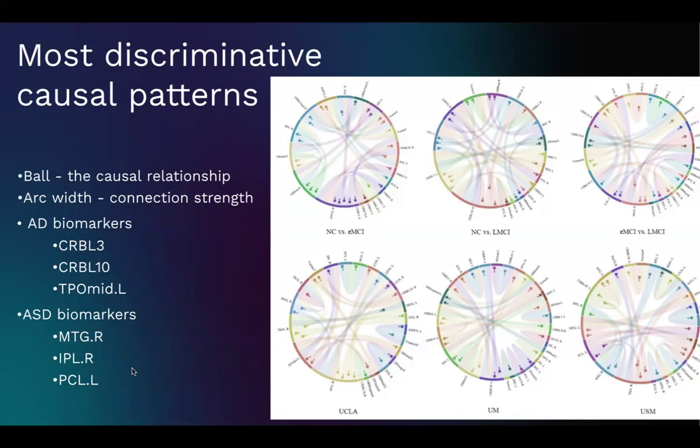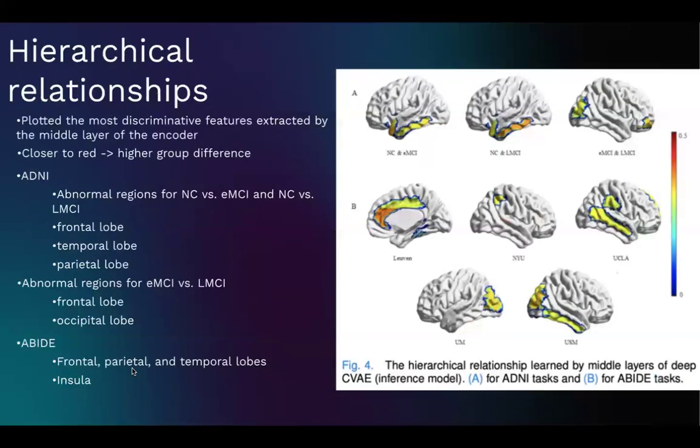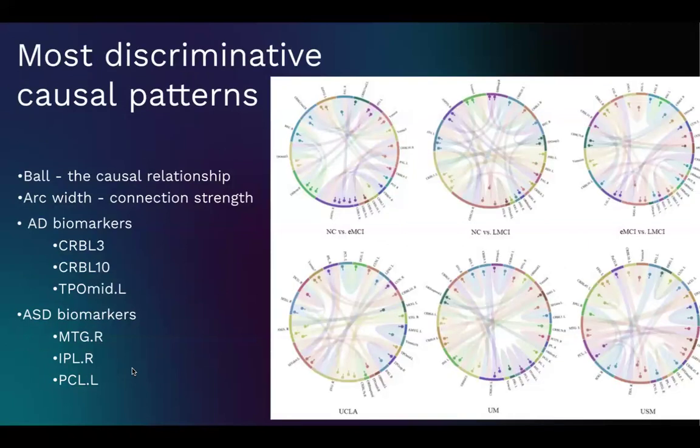Yeah, I think they're considering this a form of biomarker because they're seeing group differences in these particular brain areas, which they identified with existing literature as being biomarkers for these particular disorders. So I think they're also considering methodology, right? In terms of identifying the biomarkers.